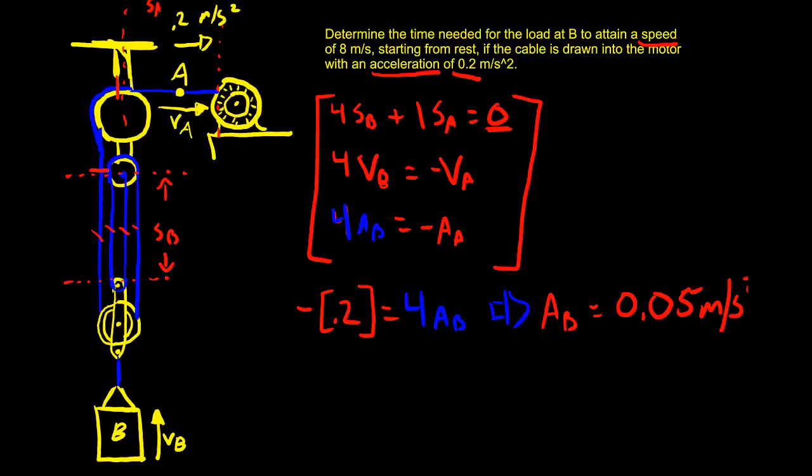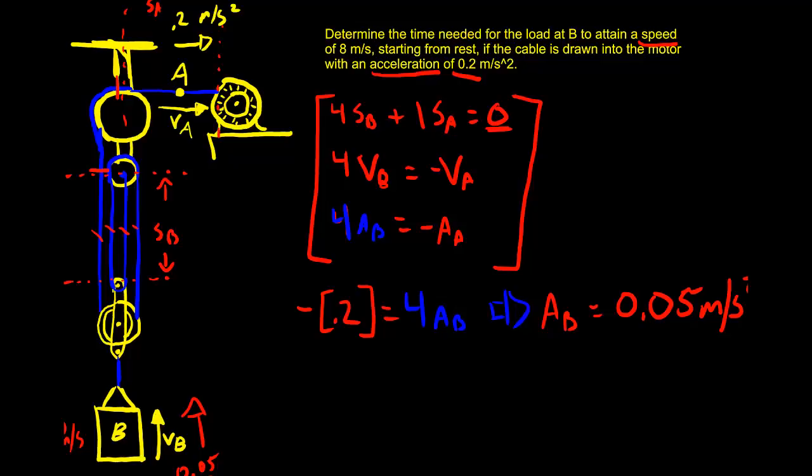Okay, so we found that the acceleration at B is going up at 0.05 meters per second squared. All we need to do now is determine how long it's going to take B, since it's starting at rest at 0 meters per second, to get to 8 meters per second.